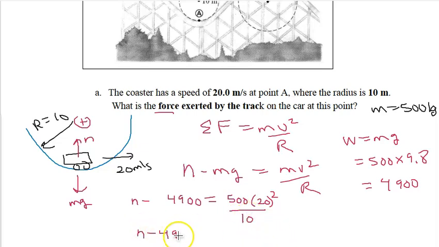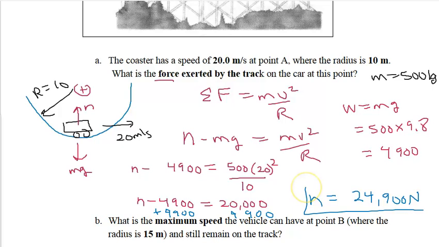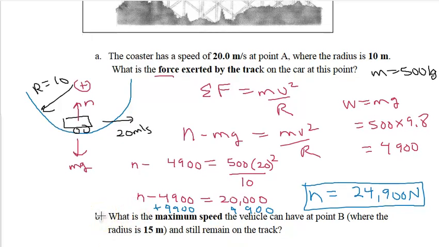So normal minus 4,900 equals 20,000. I'm going to add 4,900 to both sides. So the normal equals 24,900 newtons. Okay, that's why those tracks are steel, right? There's a lot of stress on those roller coaster tracks to turn things.